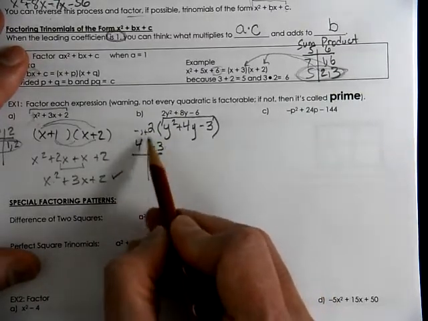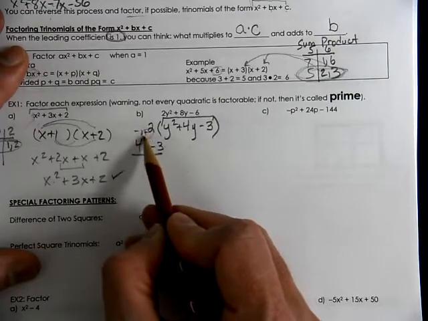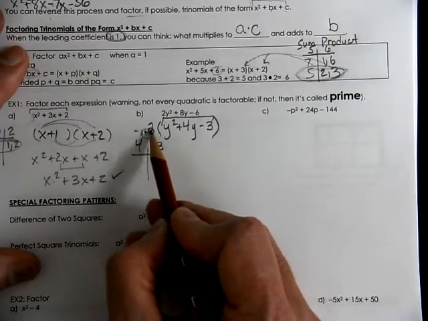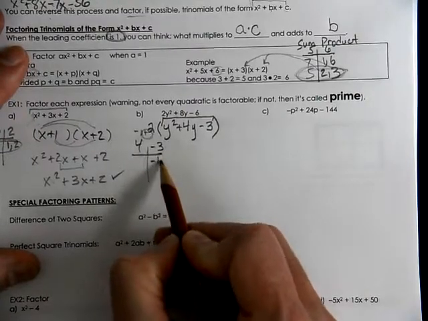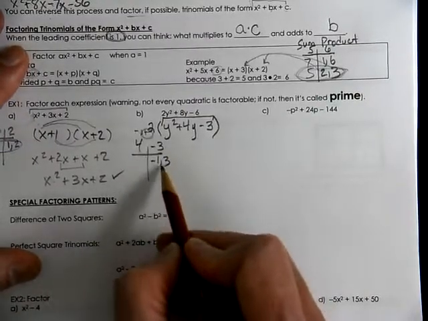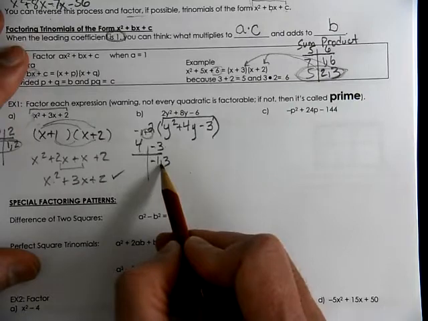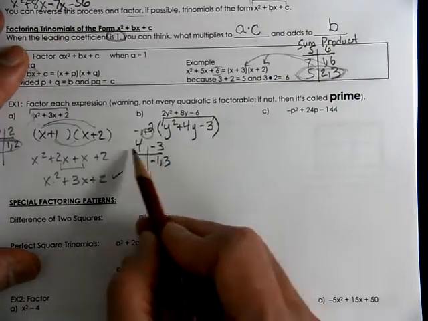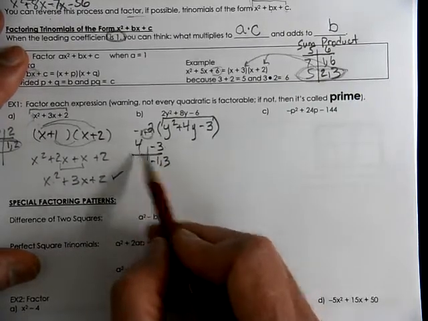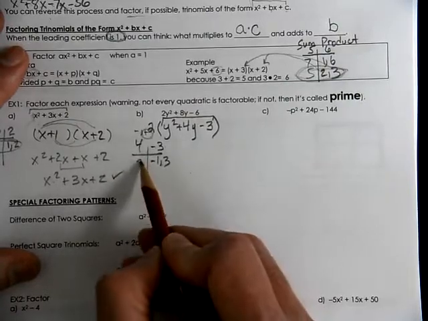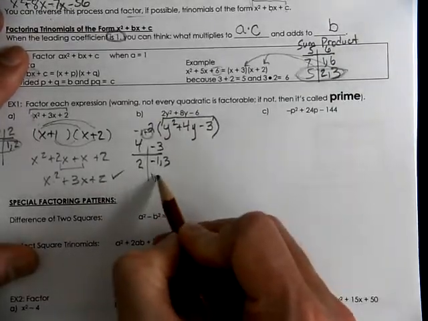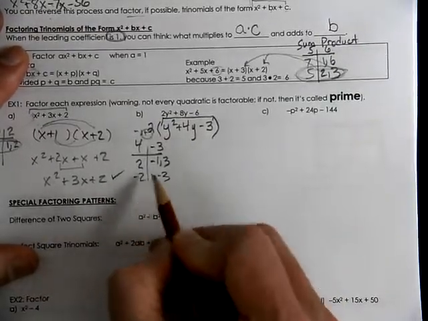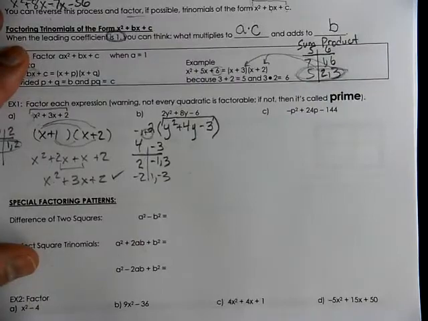And to add to be a positive, the larger number has to be positive. So my only way to do this is -1 and 3. That's the only way you can multiply to be -3 and add to be a positive number. But when you add these together, you get 2. There's no other option. Even if I tried to be crazy and do this, I don't even get my 4.